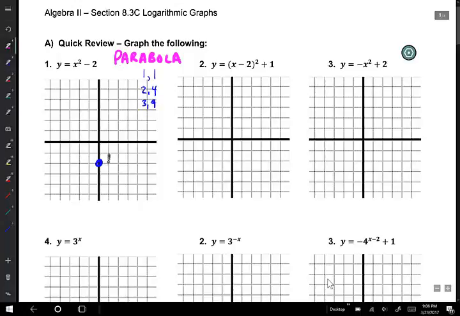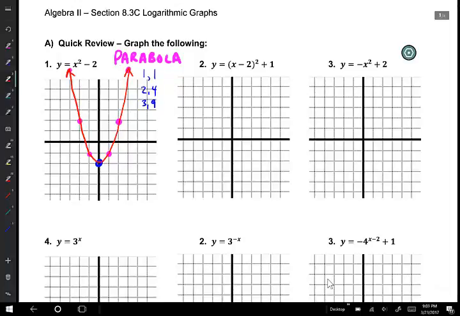So I go over 1, up 1 for our first point, over 2, up 4 from the vertex for our second point, and then over 3, up 9. That's going to take me off the graph for our next points. This now allows me to very quickly sketch my graph, coming down, arcing, and coming back up. So just a little review of parabolas and that pattern, 1, 1, 2, 4, 3, 9.